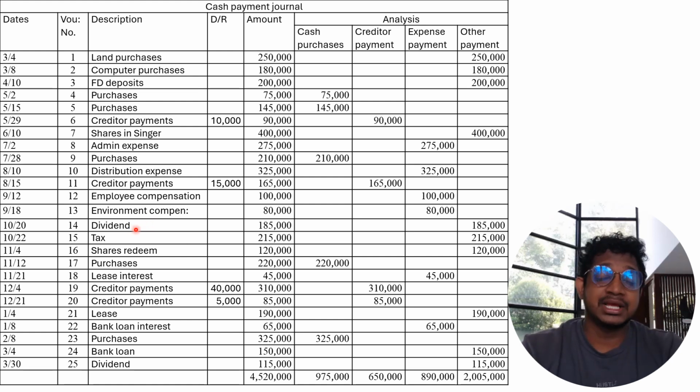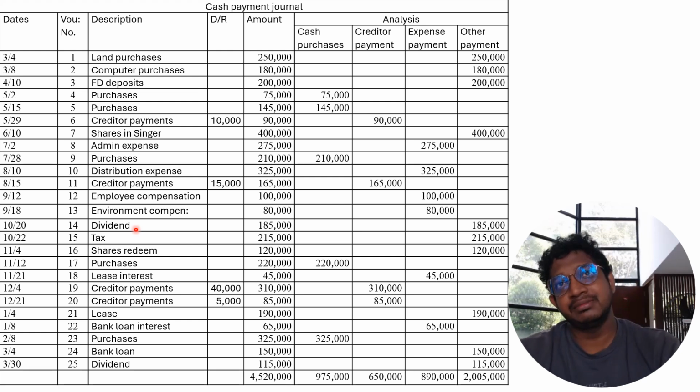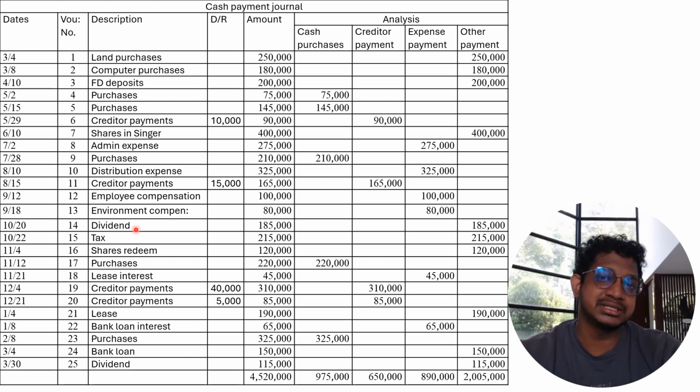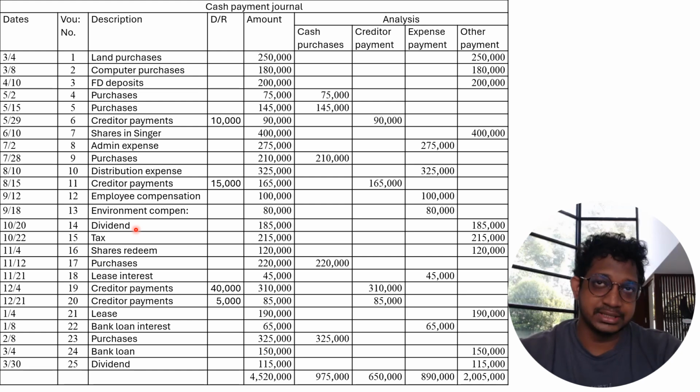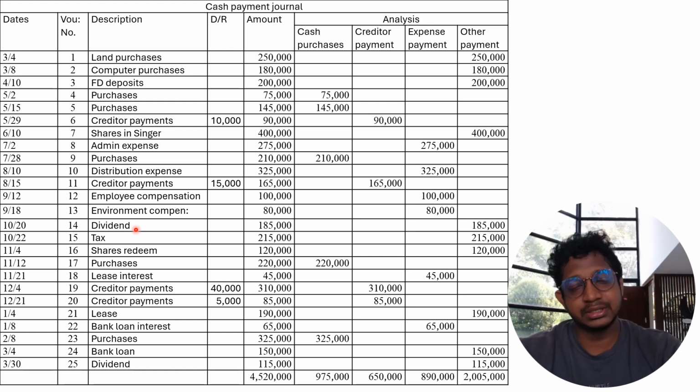And here the dividend payment. Before that, in the cash receipt journal, we discussed the dividend income. That dividend income means when you invested in shares of another company, you are getting dividends from them. That is an income and an inflow for you, so that's in investing activities.